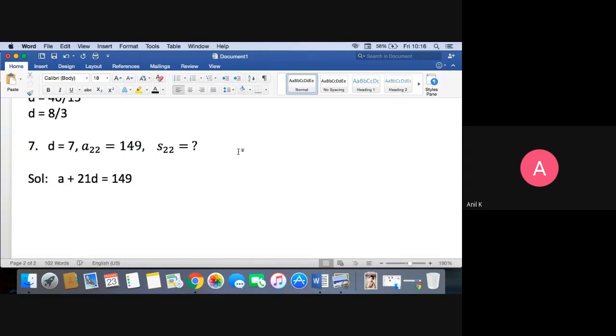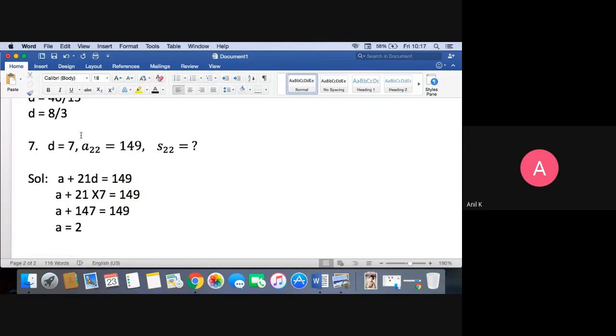Next step, A plus 21 multiplied by the D value, which is 7, equals 149. So A plus 21 into 7, that is 147, equals 149. Therefore the A value is 2.